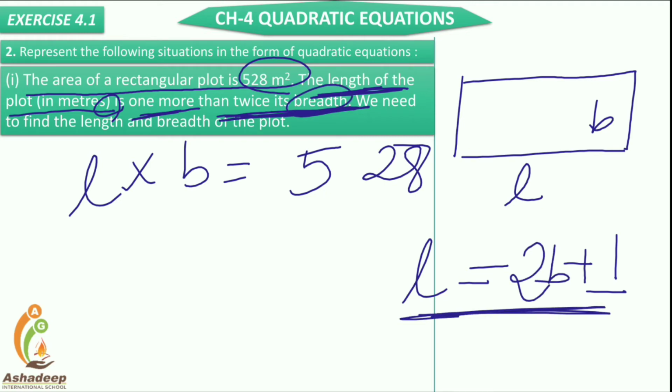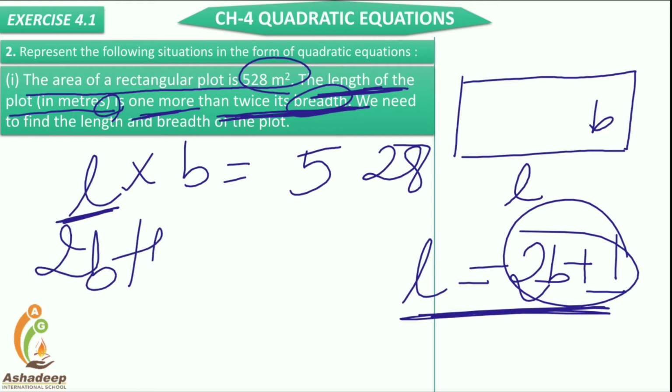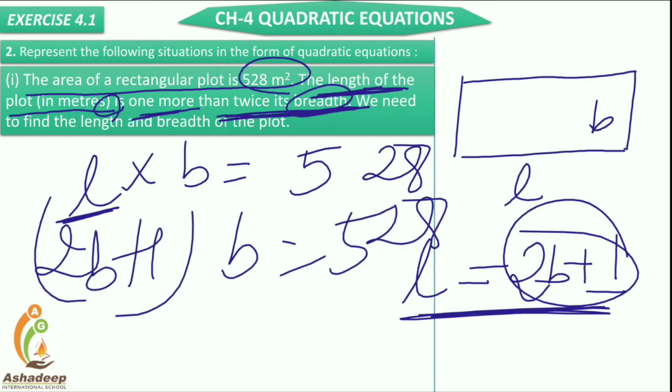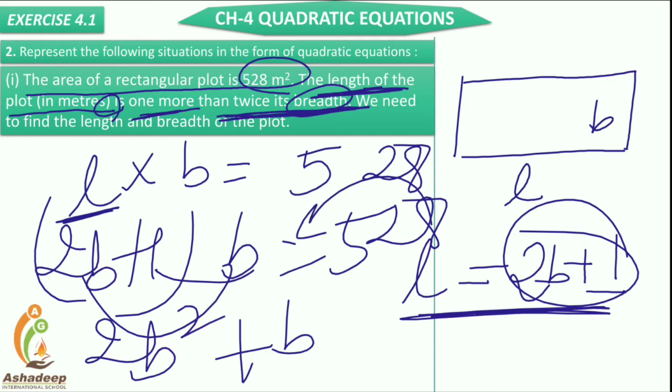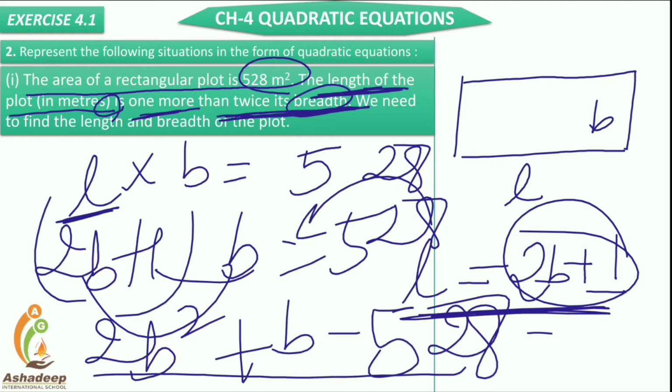So L is going to be 2b plus 1. Right? So in place of L, what can we write, 2b plus 1. So 2b plus 1 into b is equal to 528. Now 2b into b, that is 2b square, and b into 1, b, and 528 will come to this side so minus 528. So this is our quadratic equation.